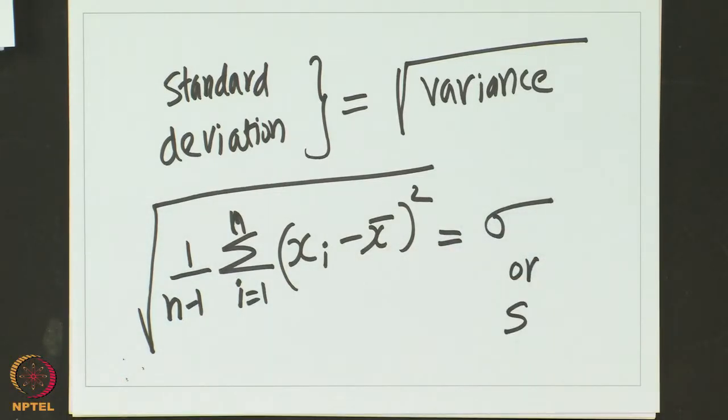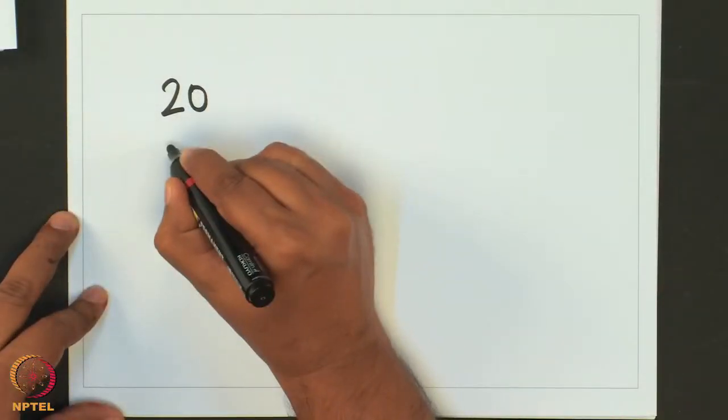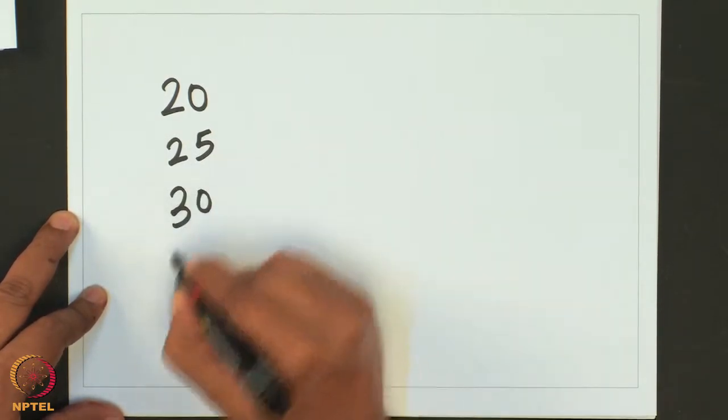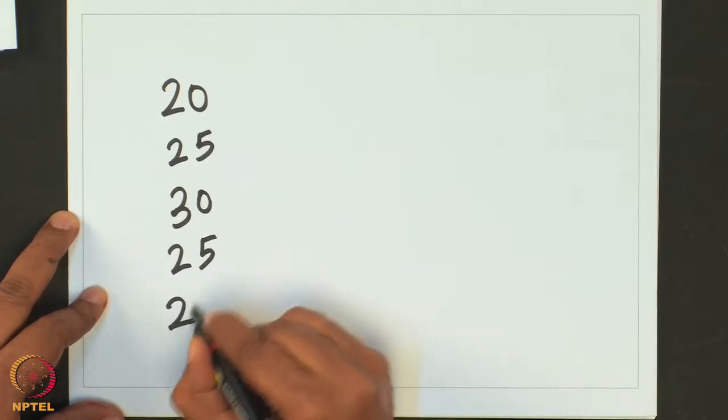So let us take some numbers and calculate the standard deviation as an example. Let us say you measured vitamin D level in a group of people and we got the following numbers: 20, 25, 30, 25, 20.